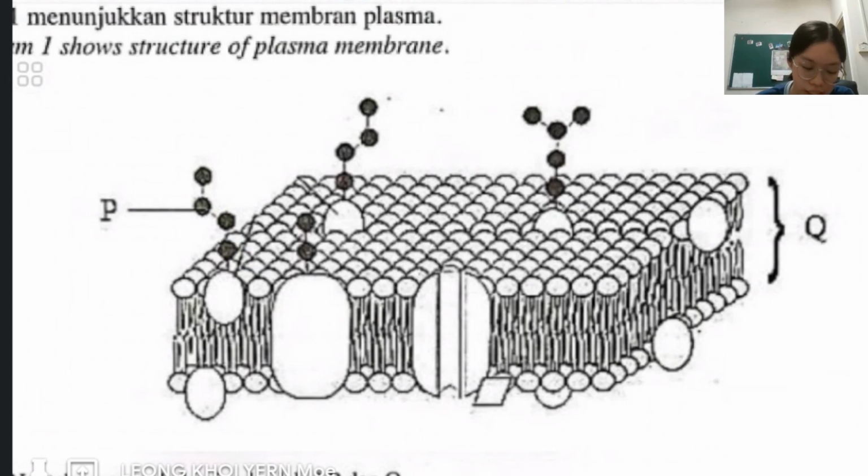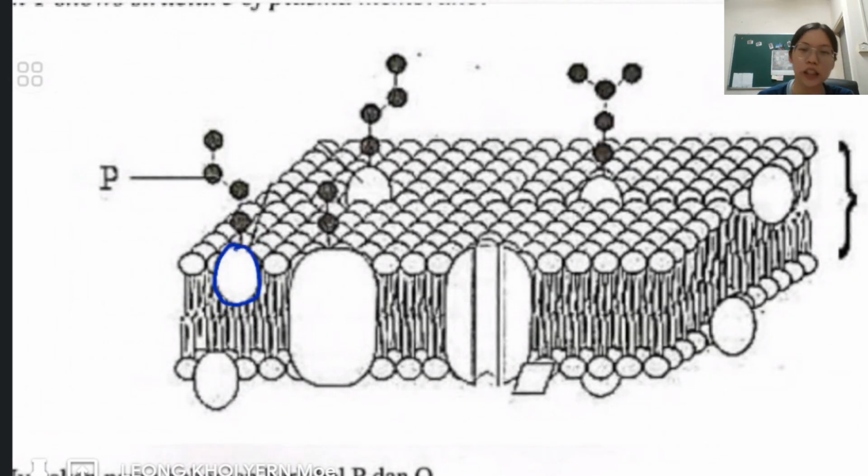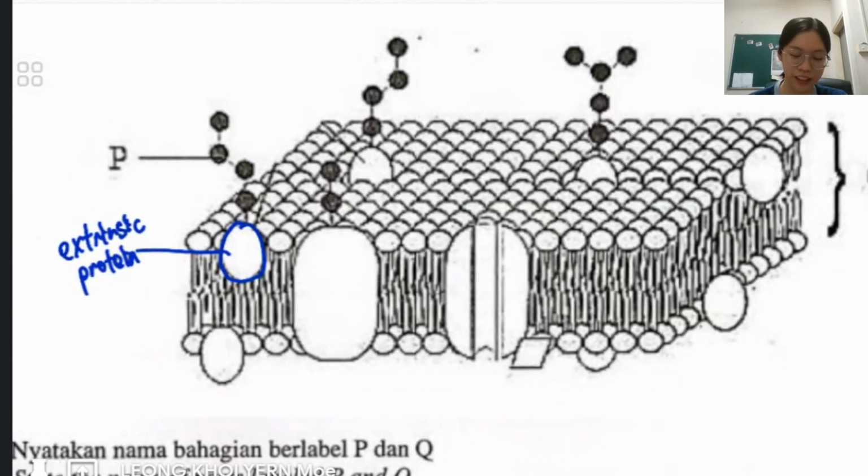This is actually a protein, but we didn't learn it in detail. It is a type of protein that we call extrinsic protein, but you don't have to remember this because you only learn it in further detail if you continue to study biology in college or university.